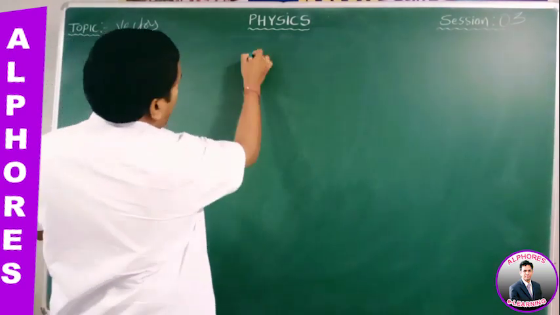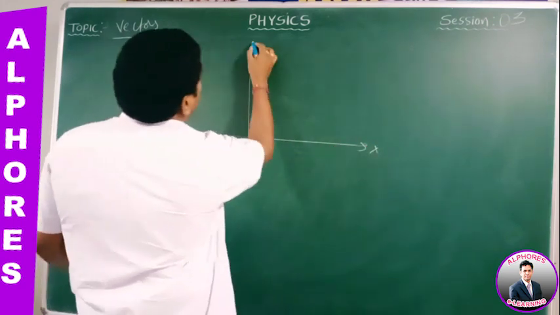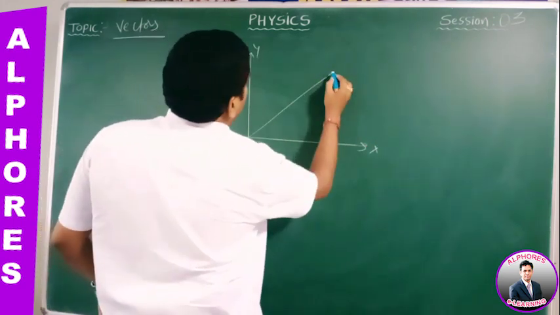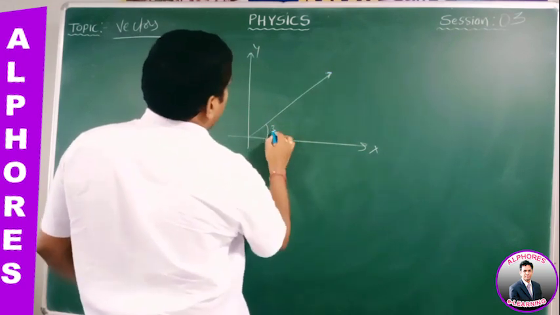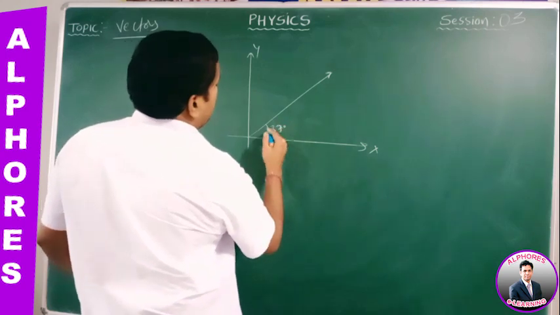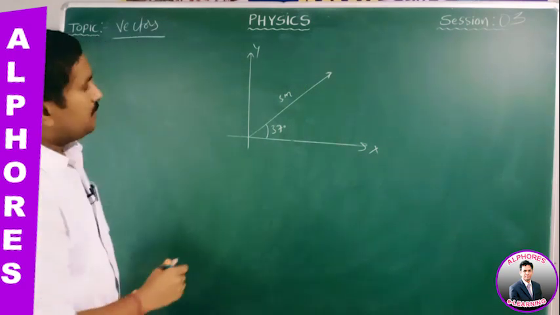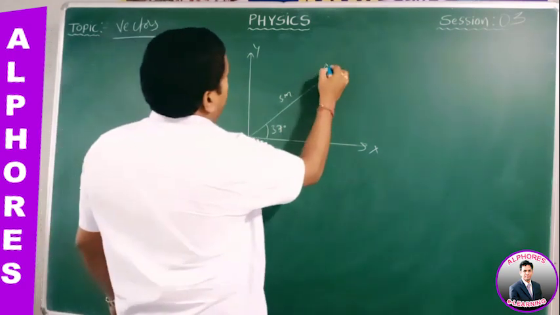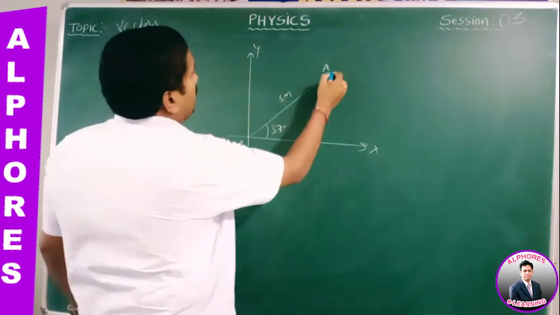For example, here I am taking the xy plane again, and this is a vector which makes an angle, let us say 37 degrees with the x-axis, and this vector has magnitude 5 meters. This is nothing but OA. Then what are the components of this vector? Please tell me.